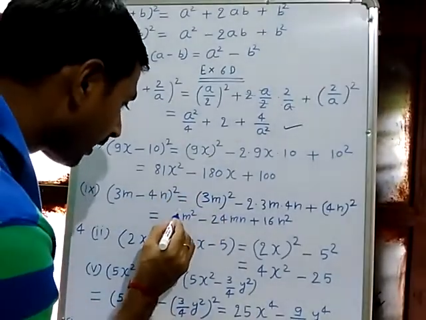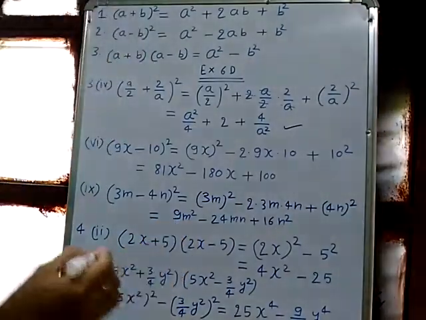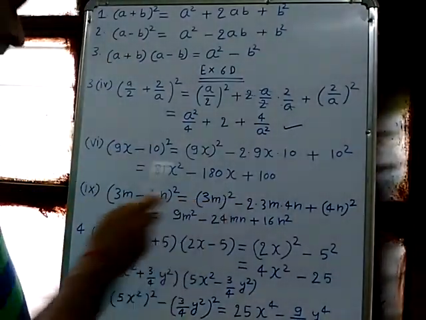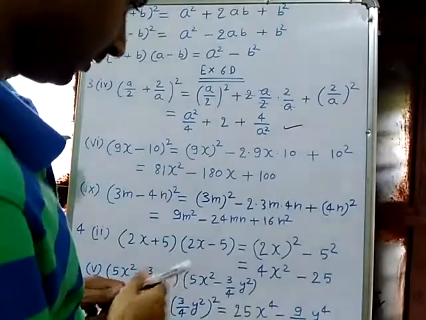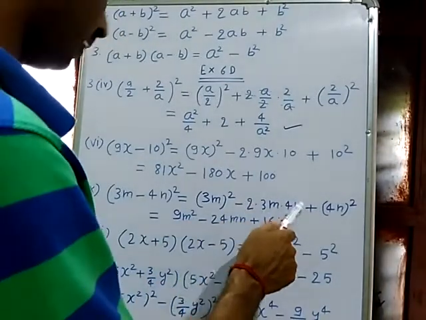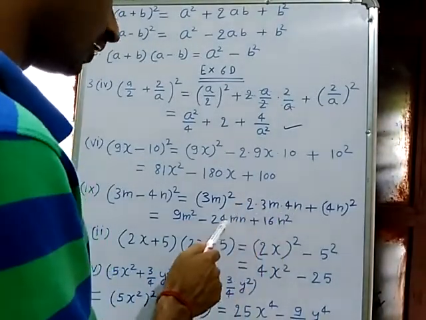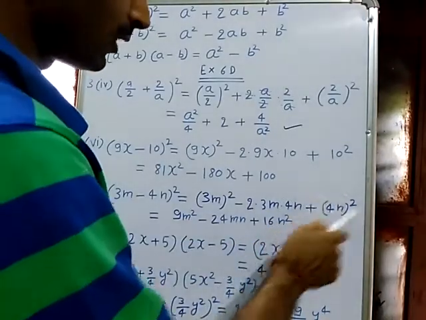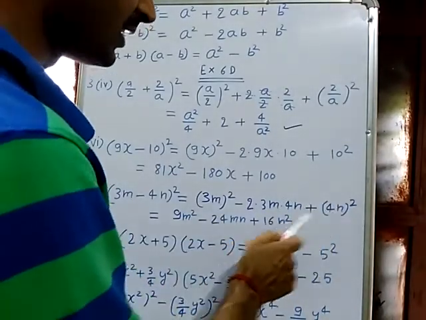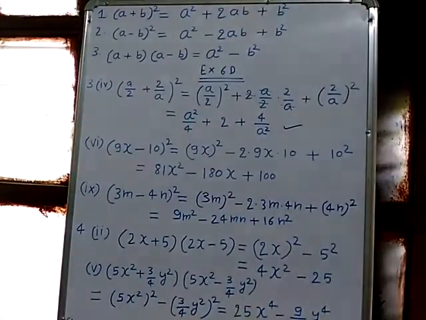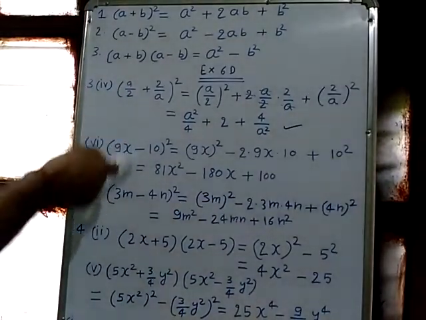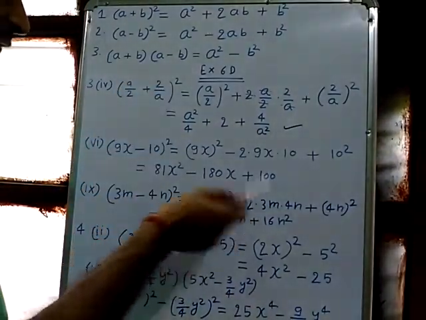What is 3 square? 9. So it becomes 9m square minus twice of a into b, so 2 into 3m into 4n. 4 threes are 12, 2 is 24mn, plus 4n the whole square. 4 square is 16n square. So the same way you need to do the other parts of question number 3.